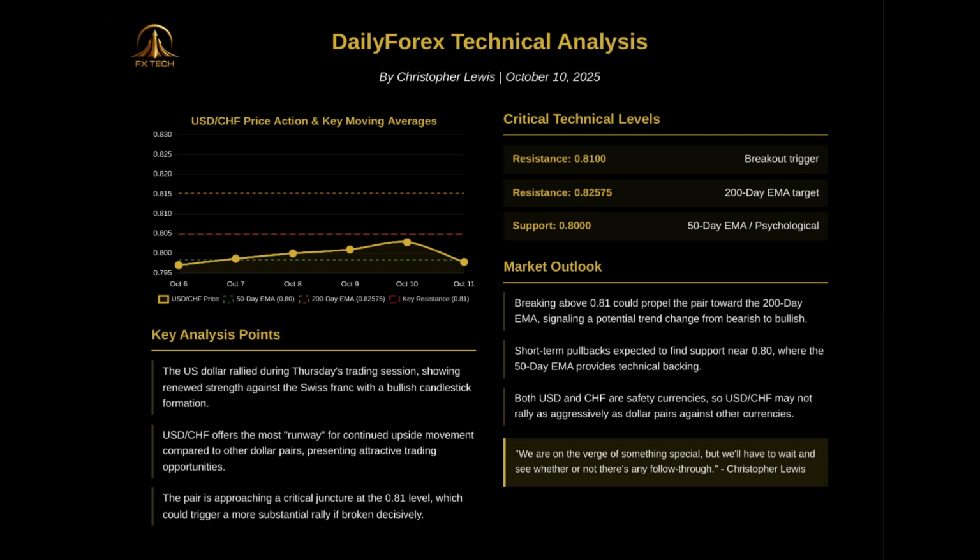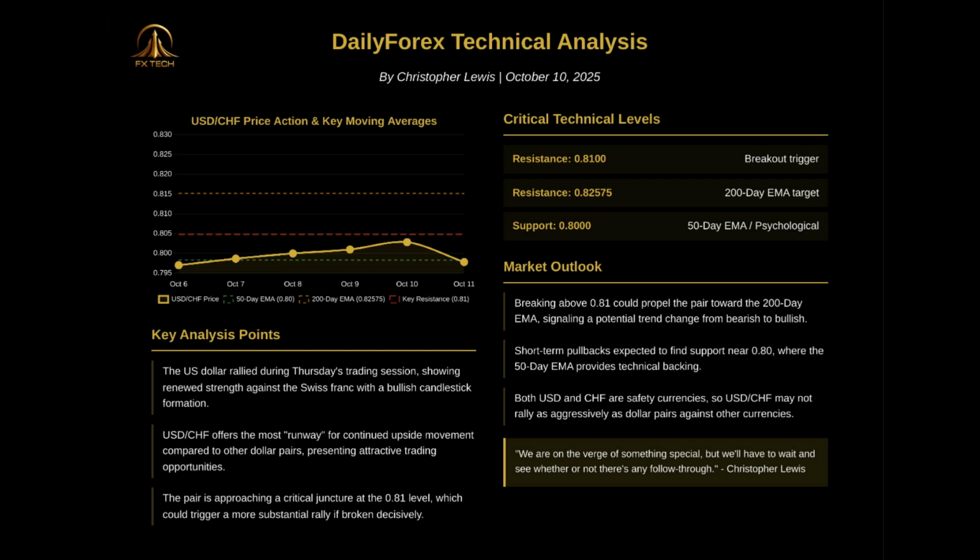Christopher Lewis's analysis for Daily Forex on October 10th presents a compelling bullish case. He notes that the US dollar rallied during Thursday's trading session, showing renewed strength against the Swiss franc with a bullish candlestick formation. Lewis emphasizes that USD/CHF offers the most runway for continued upside movement compared to other dollar pairs.